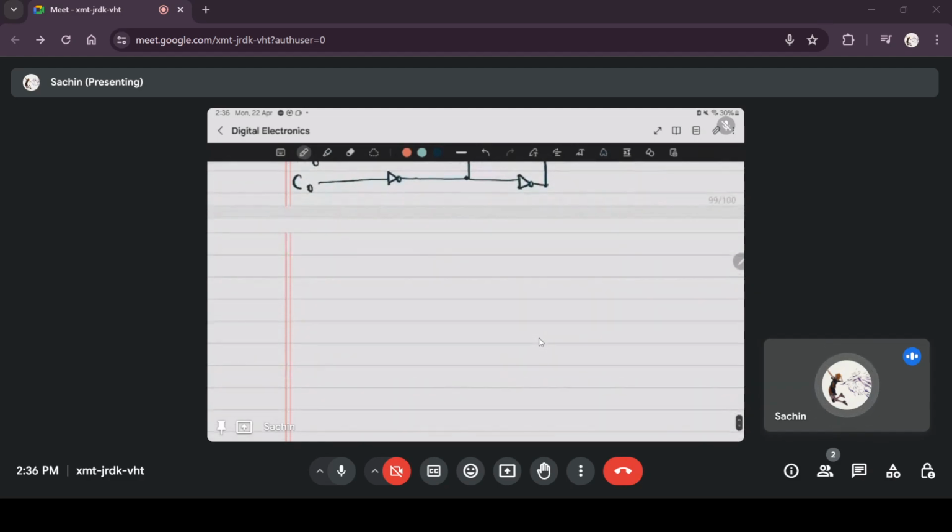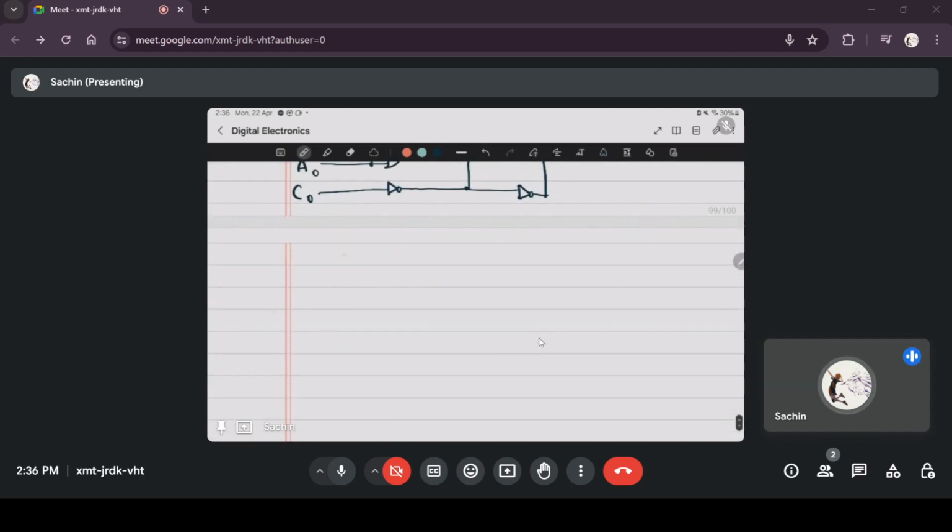So the solution is as follows. We know that the carry Ci plus 1 is Ai Bi plus Ai Ci plus Bi Ci. Sum is Ai XOR Bi XOR Ci.